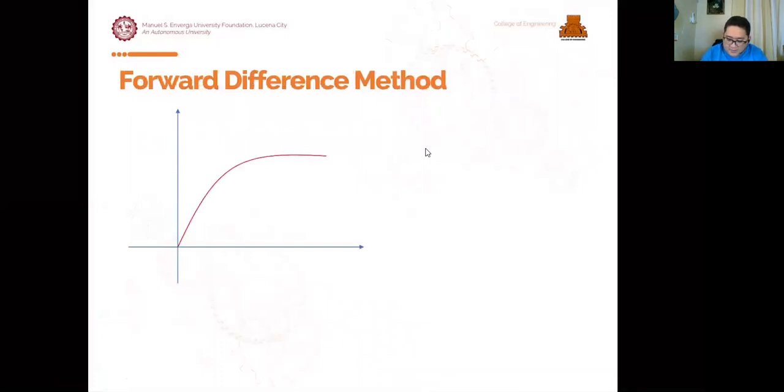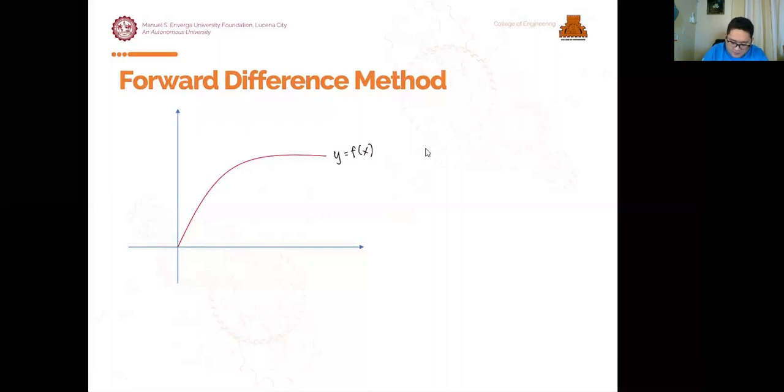In the forward difference method, let's say we have a function, the red one. Let's call it function y. In the forward difference method, we consider a point along the line.